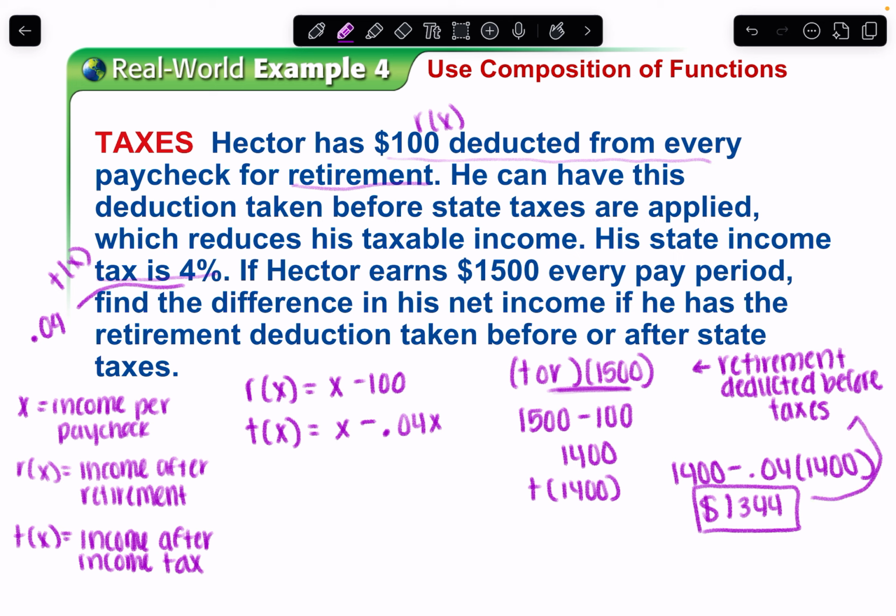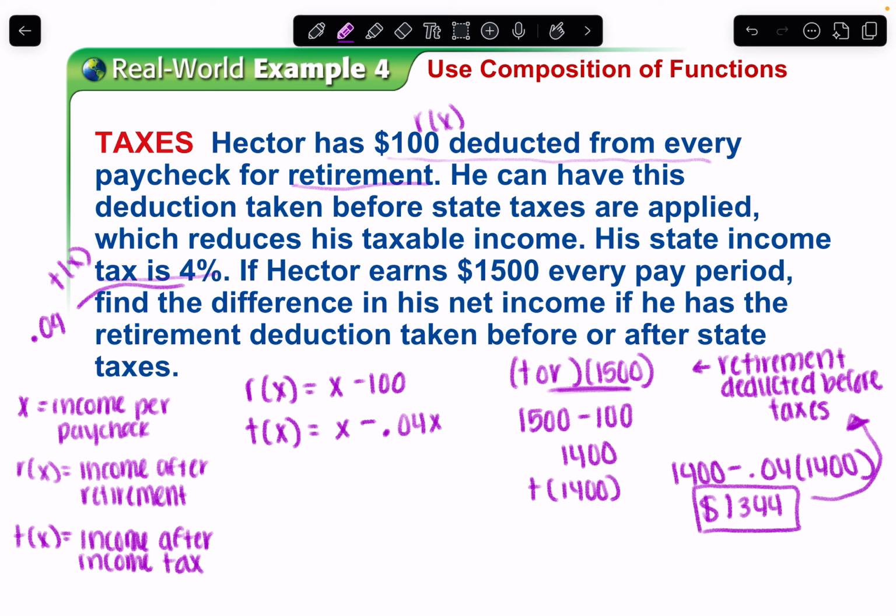So this is the amount when retirement comes out first. It's also asking you to do the opposite way: what the number would look like if I'm taking tax first and then taking retirement.